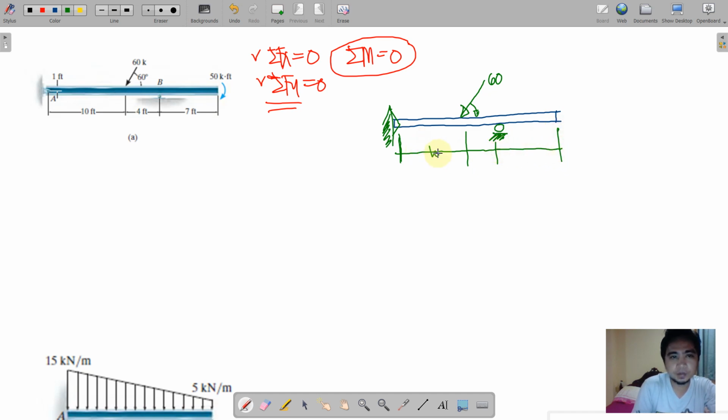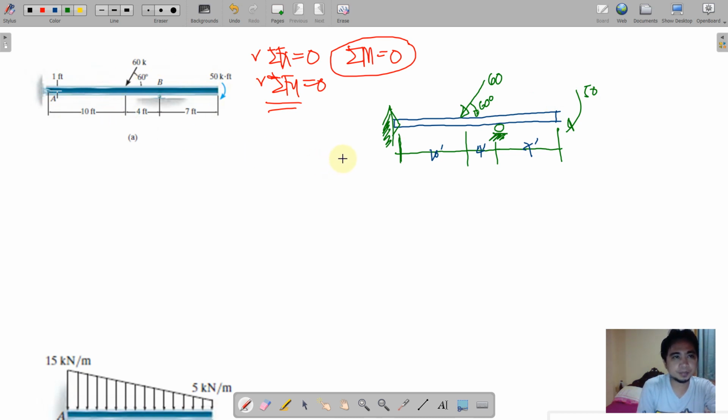We have 10 feet, 4 feet, 10 feet, 4 feet, 7 feet. So check mo kung lahat ba ay nandyan na. So nawawala yung angle dito, so ilagay mo yung angle. And of course, this couple here, 50 kips per feet. So this is the idealized structure from this picture.